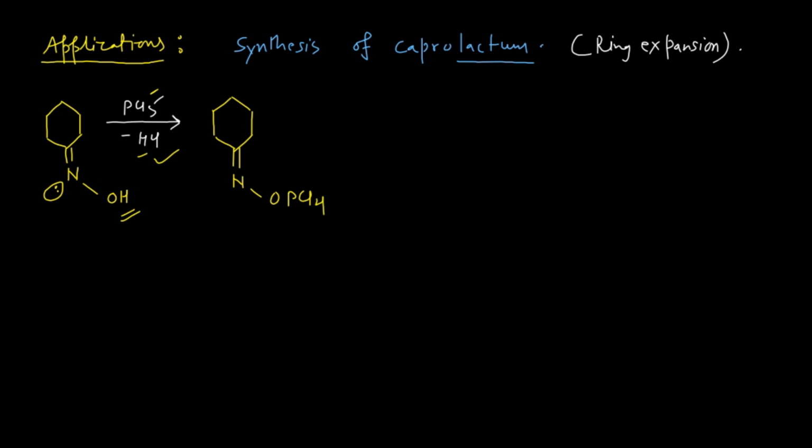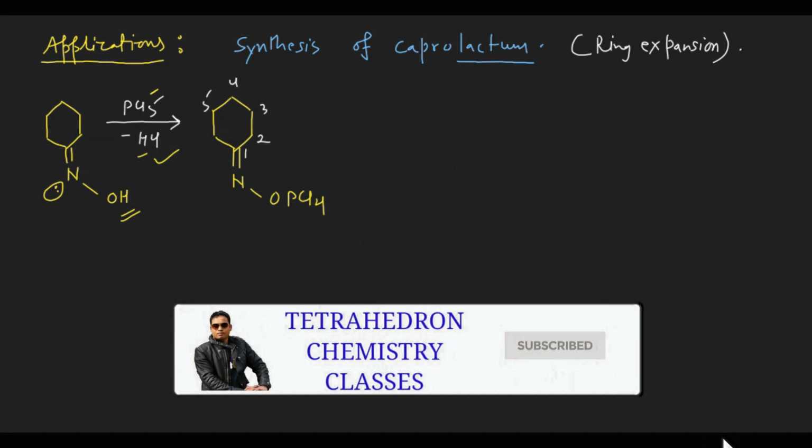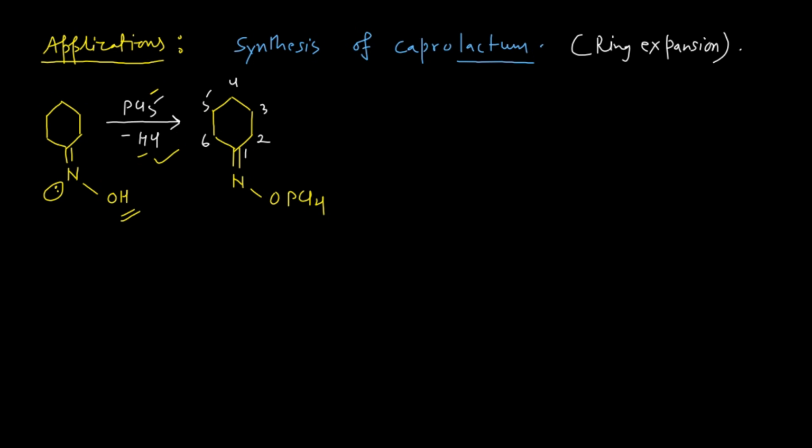Now in this step, it is very important to number the system in order to expand the ring. Say this is carbon number 1, this is carbon 2, this is 3, this is 4, this is 5, and this is 6, right? So it's a 6-membered ring. Now you see, this OH group is here, and that carbon, which is carbon number 6, has the anti-orientation to this OH group.